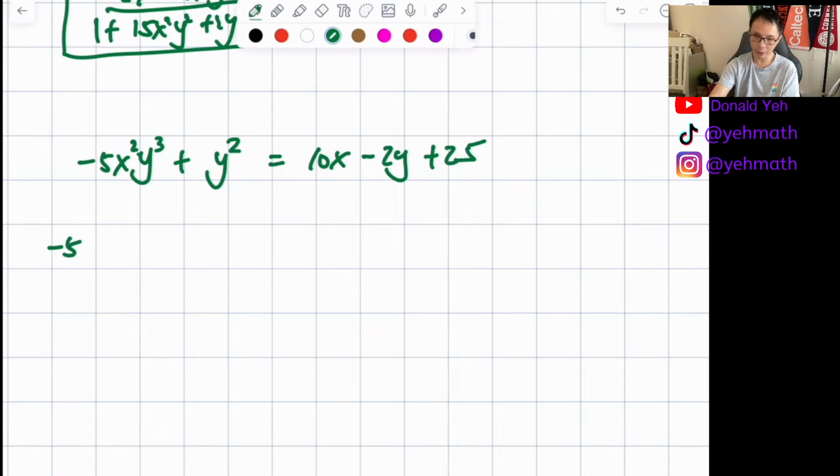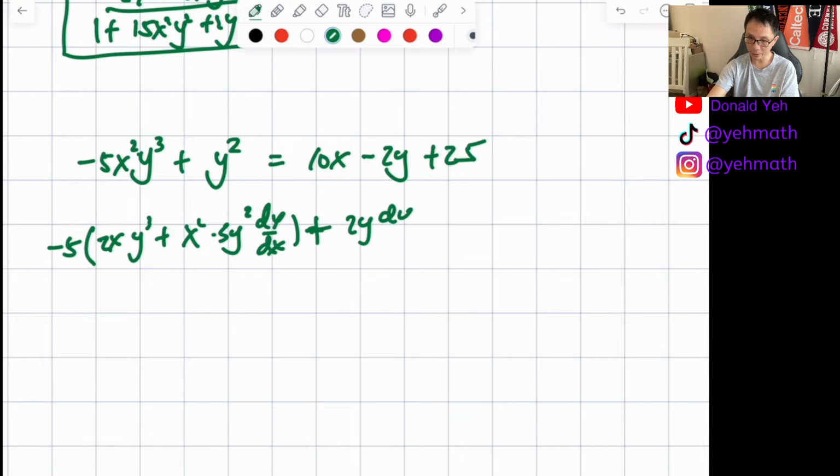-5 times 2x y to the third plus x squared times 3y squared dy dx, plus 2y dy dx is equal to 10 minus 2 dy dx.